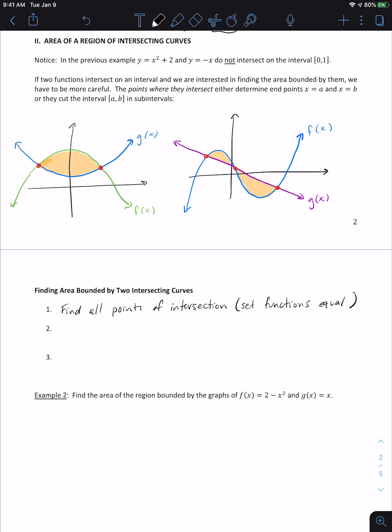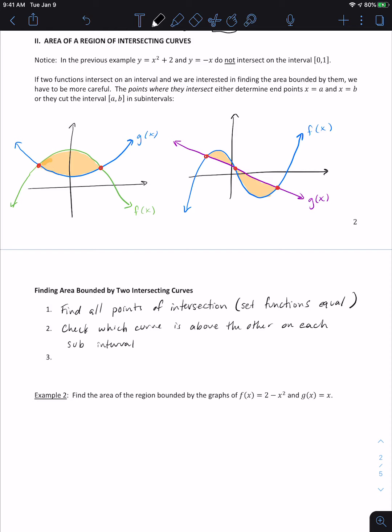Okay, so the next thing we do, once we figure out the points of intersection, we need to check which curve is above the other on each subinterval, right?